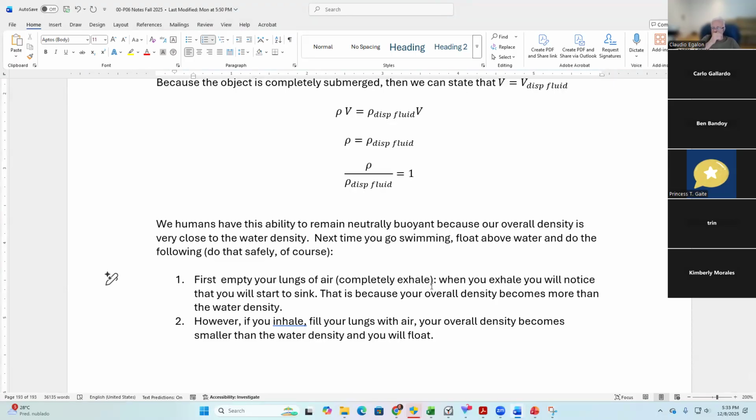When you exhale, you notice that you start to sink. That's because your overall density becomes more than the water density. However, if you inhale and fill your lungs with air, your overall density becomes less than the water density, and you will float. Okay.